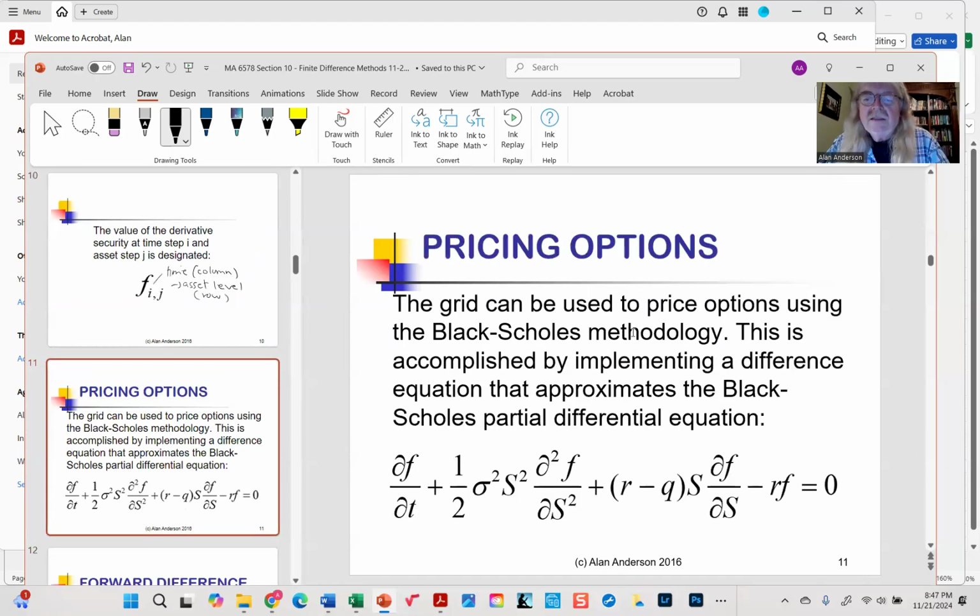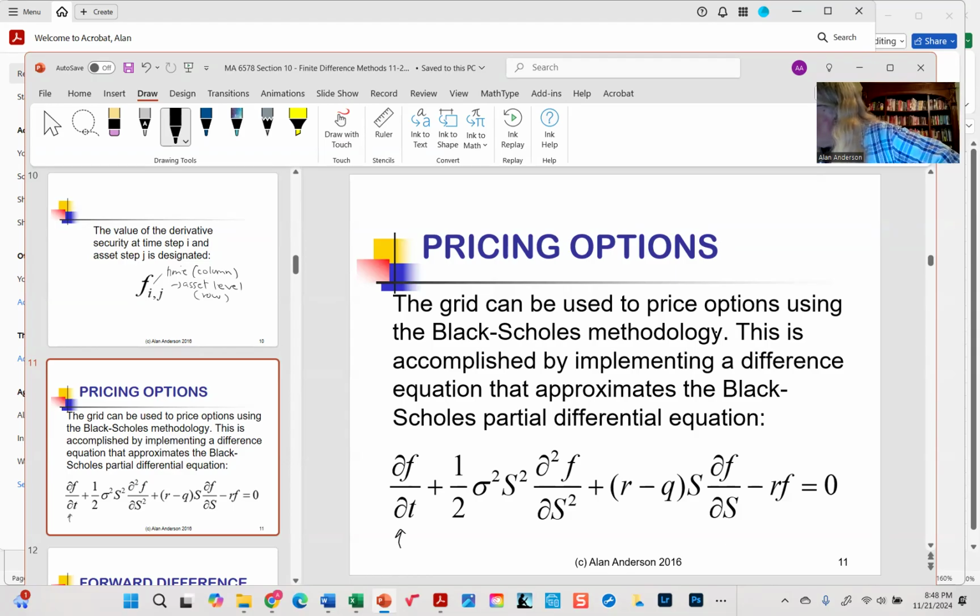Okay. Now, by the way, going on behind the scenes of the Black-Scholes model, they derived this differential equation to explain the evolution over time of the asset price underlying the option. If it's a stock, for example, this is the differential equation that they're using to show how it changes over time.